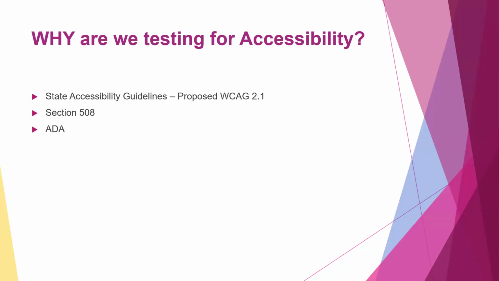And then just to expand on that, the state has its own mandate that was created, and a law was created back in 1999 that based itself on Section 508 and WCAG. We currently sit at the version WCAG 2.0, and in the very near future, we're going to be moving to WCAG 2.1 at A and AA.